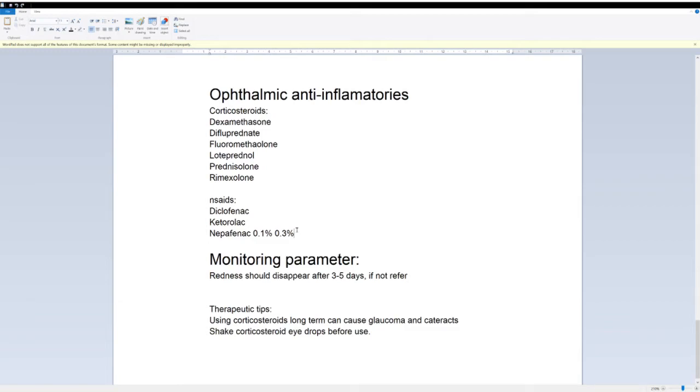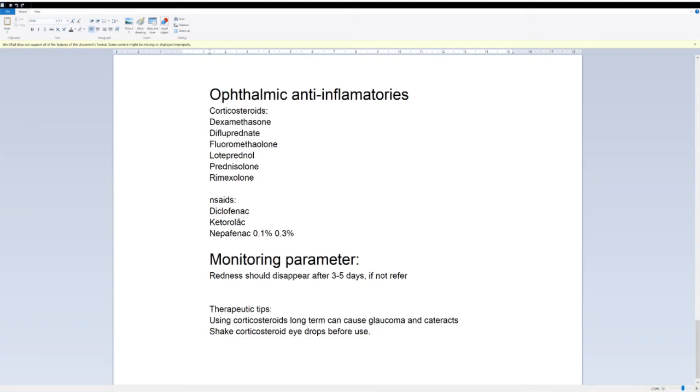And so oftentimes you don't want to use these medications for more than like a week. But this is up to the prescriber at the end of the day, and monitoring and follow-up is really important when patients are on these medications.